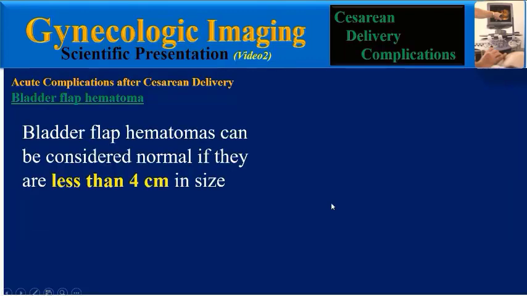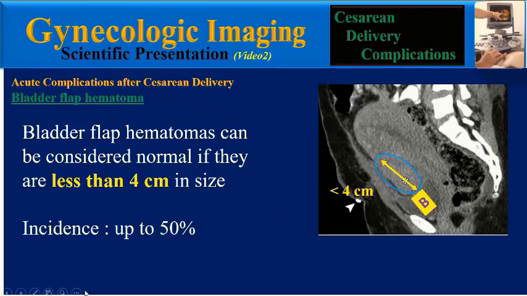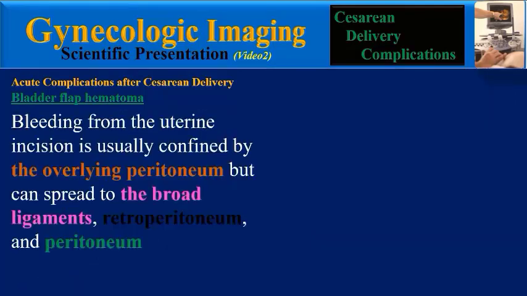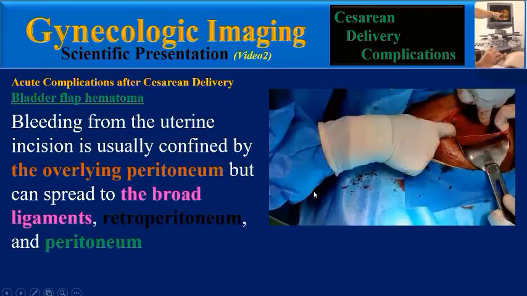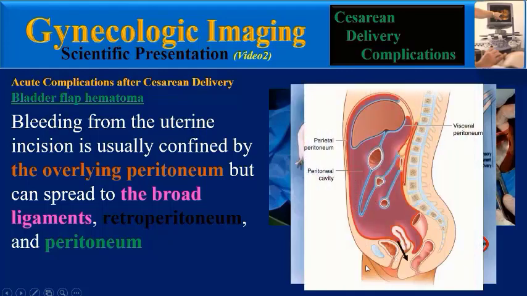Bladder flap hematomas can be considered normal if they are less than 4 cm in size. The incidence of this type of hematoma is up to 50%. Bleeding from the uterine incision is usually confined by the overlying peritoneum, but can spread to the broad ligaments, retroperitoneum, and peritoneum.